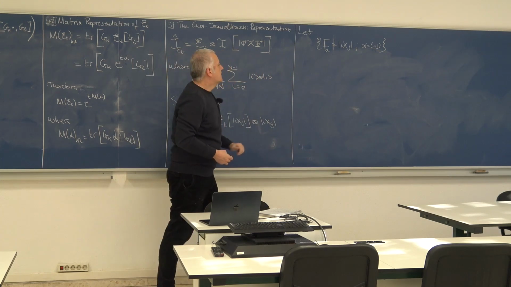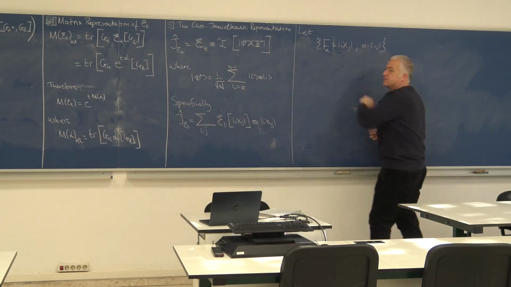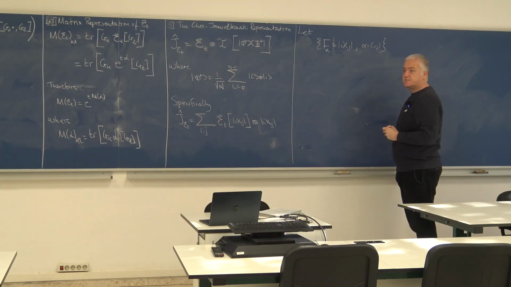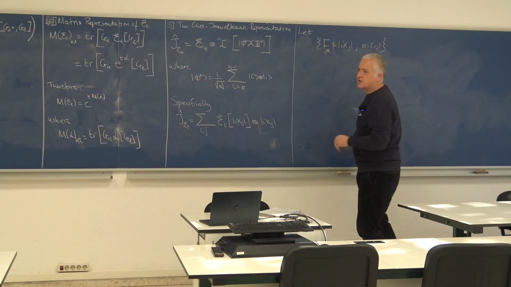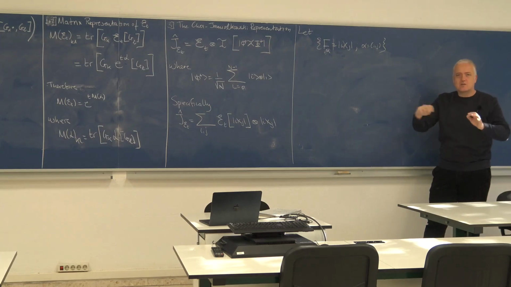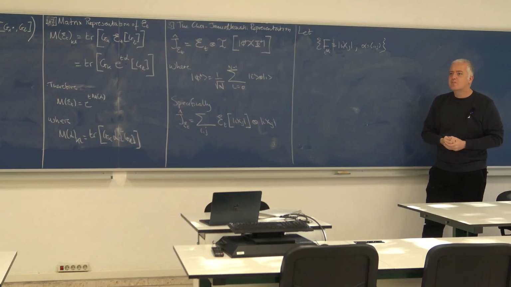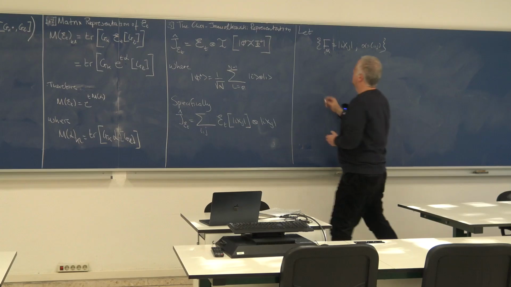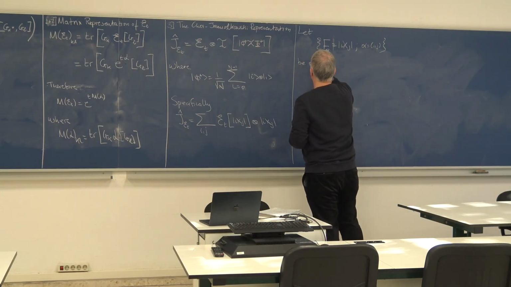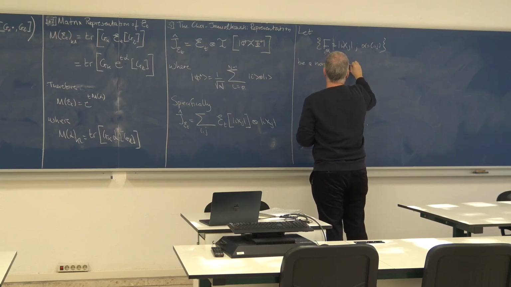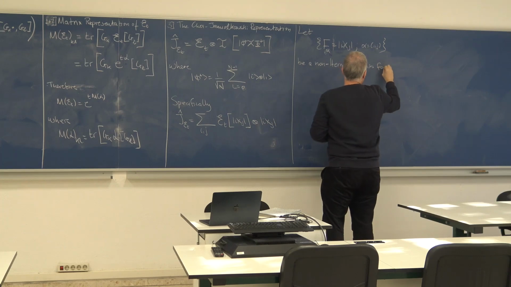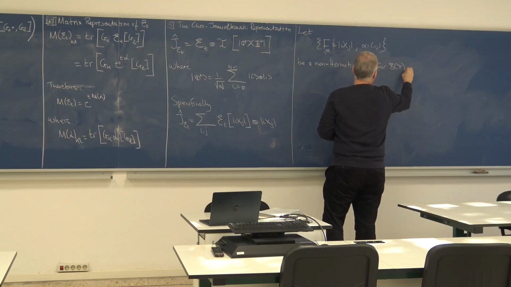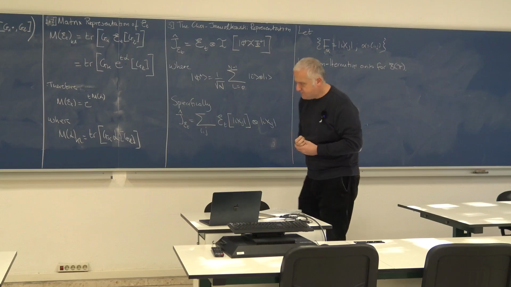So I'll define another basis of operators f alpha. Instead of writing ij, I just write alpha because we're going to need to sum over alpha and I don't want to write ij all the time, okay? Notice that this is a non-Hermitian orthonormal basis for the bounded operators on H. Okay?